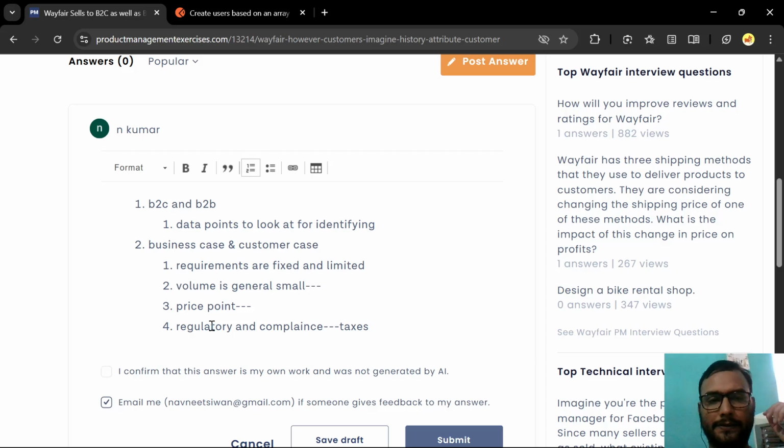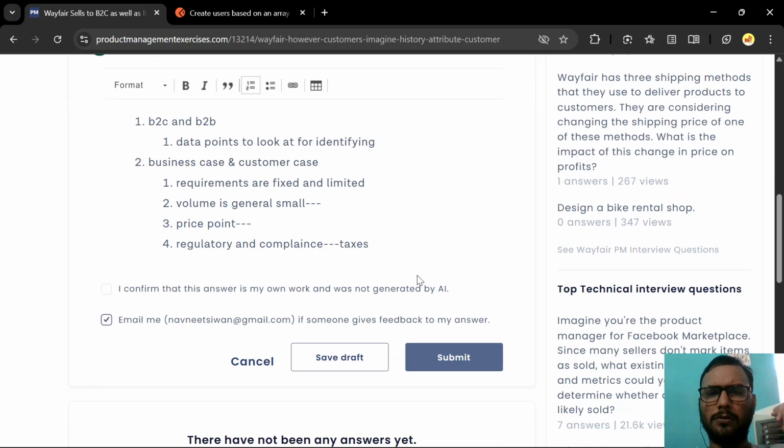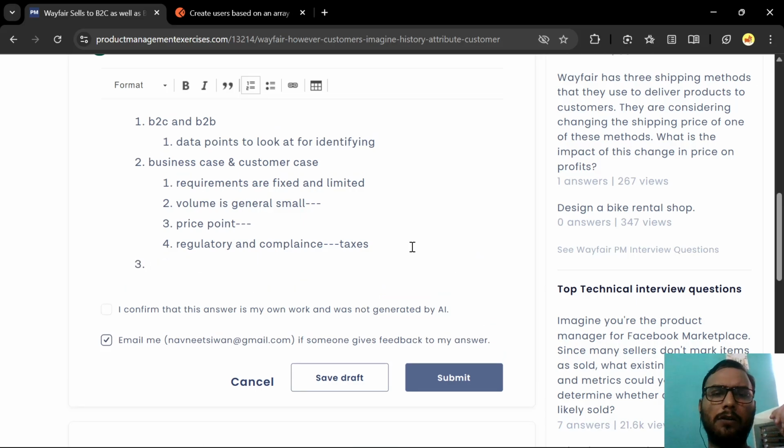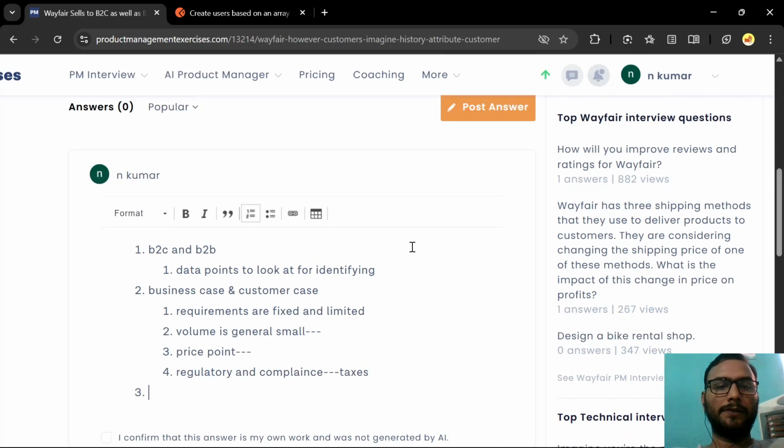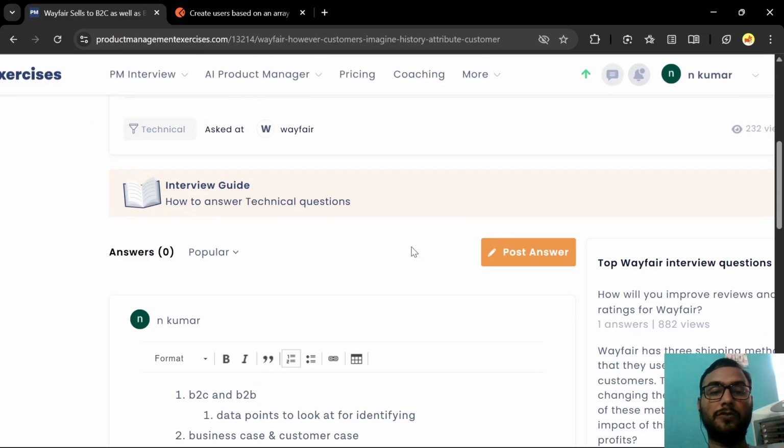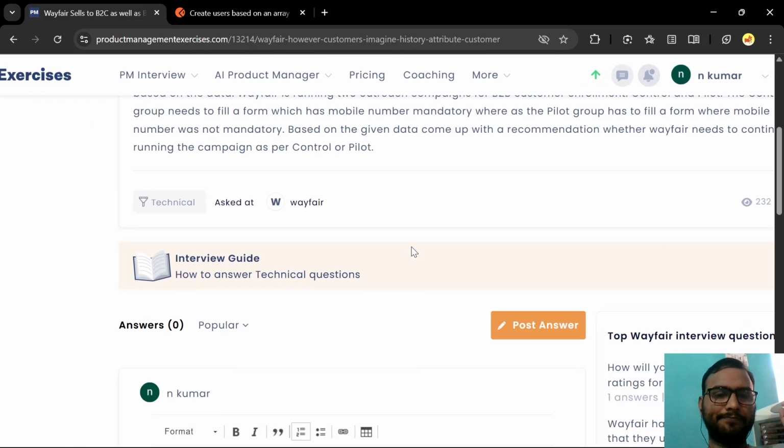So I think these are the four points whenever we think about what is a business customer and what is a consumer. Who is a business customer and who is an individual consumer.